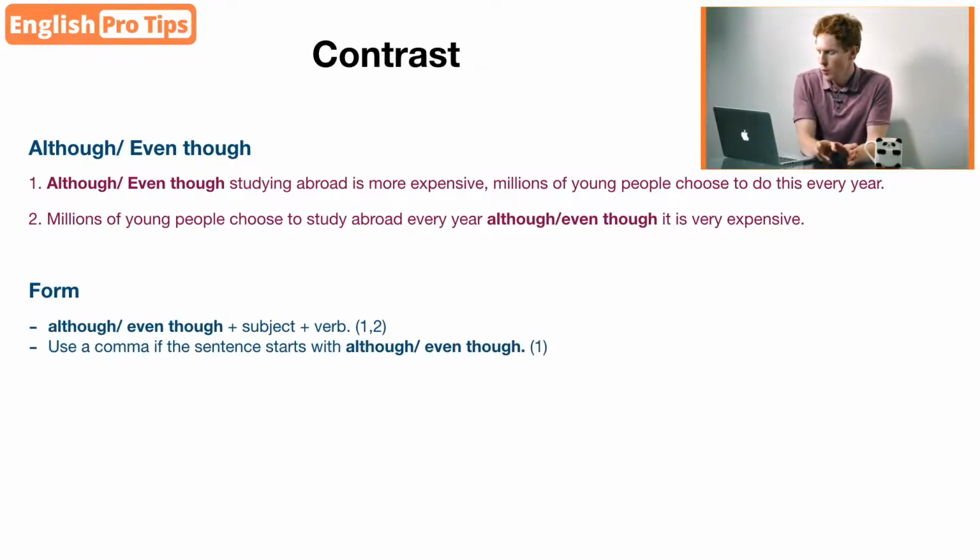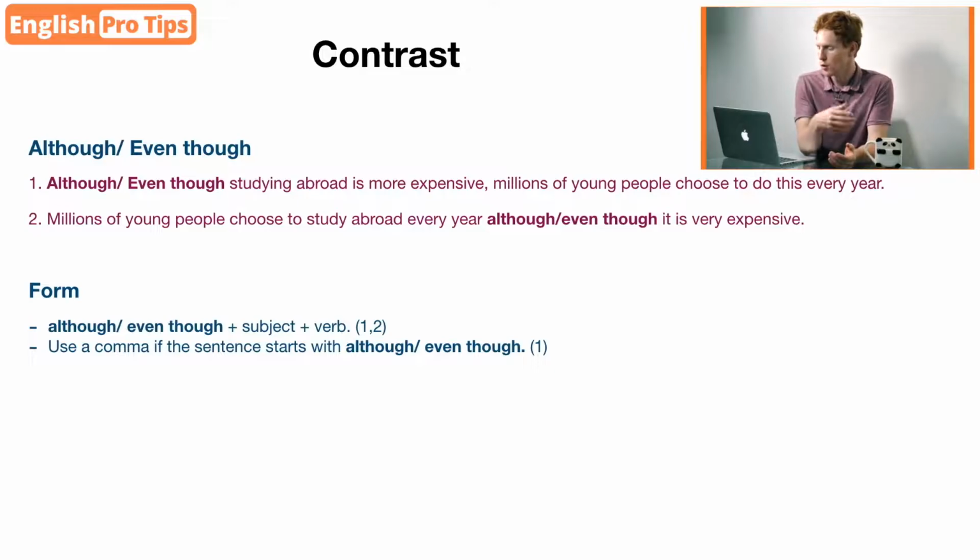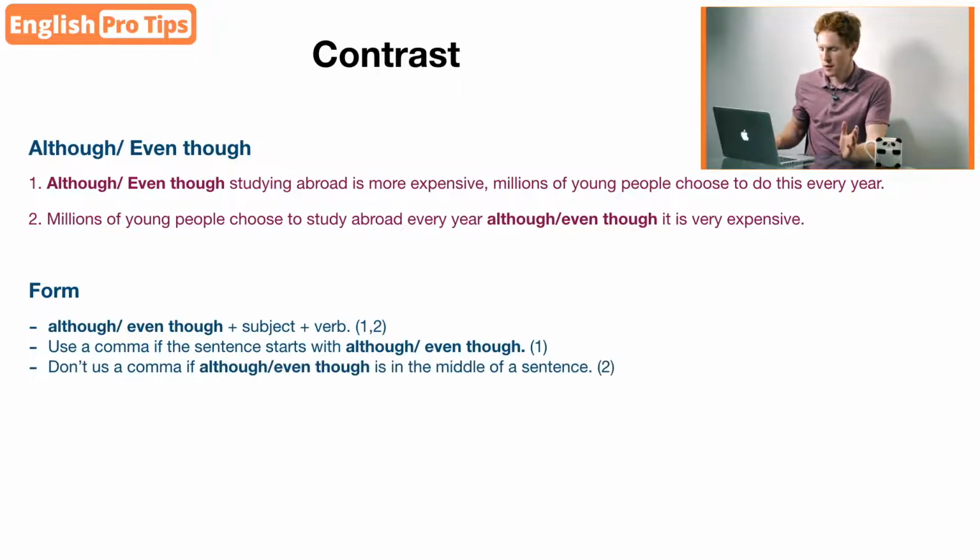Now, when we have although or even though at the start of a sentence, we need to use a comma, and we can see this in sentence number 1. It says, although studying abroad is more expensive, comma, millions of young people choose to do this every year. Now, if the sentence does not start with although or even though, then we don't need a comma.